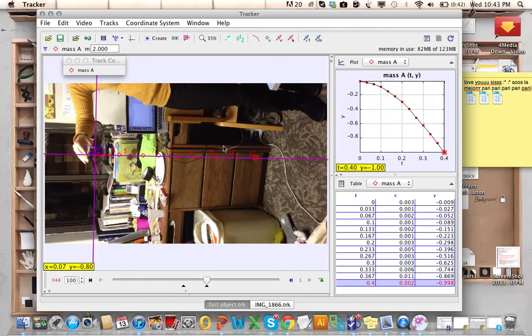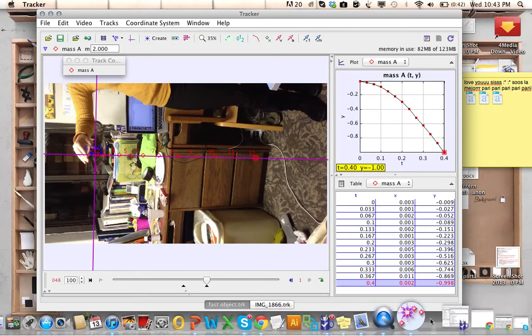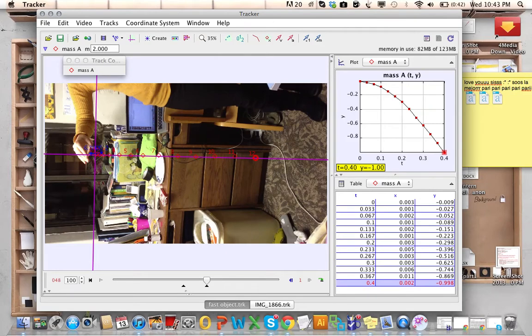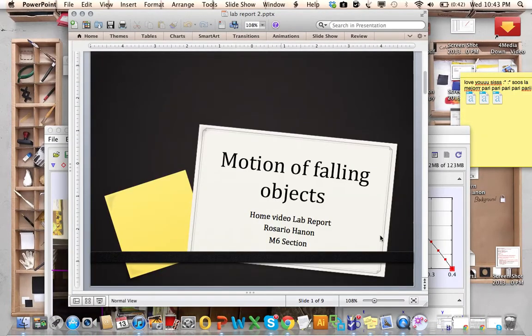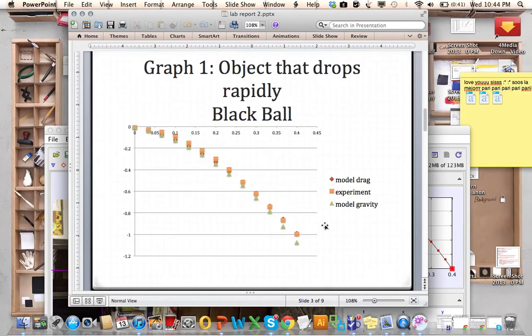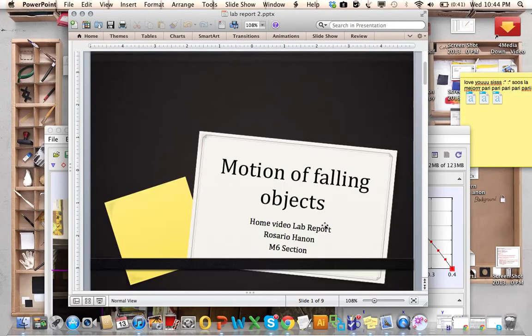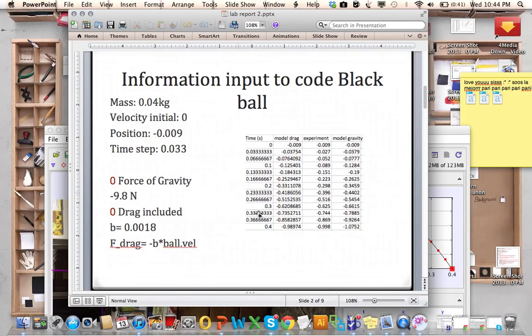I put it into Excel, and after that I got the graph and the information. That is in this table.